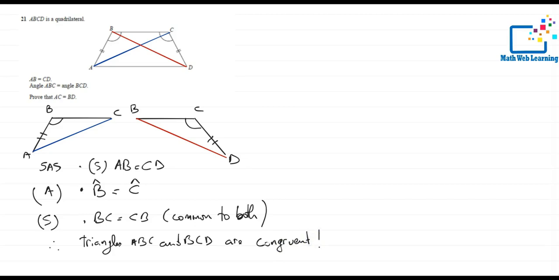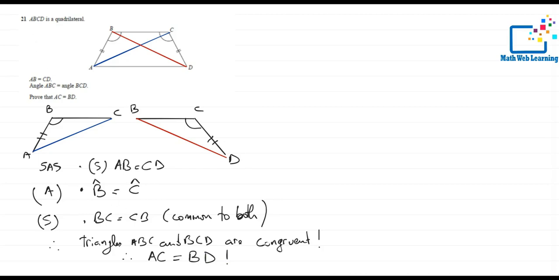Okay, so that is very important. So there's only one conclusion, so we're going to put also hence AC is equal to BD. All right, and that completes the proof.